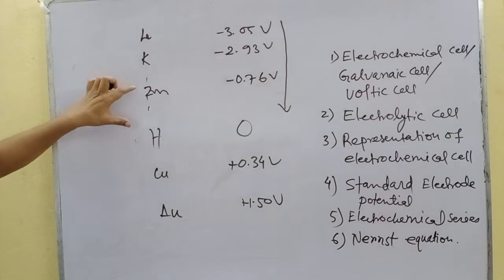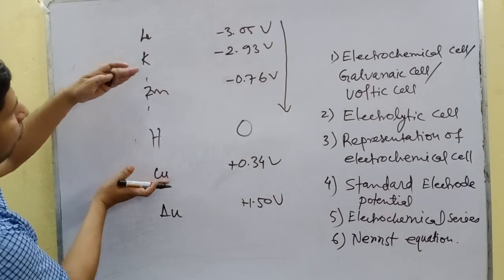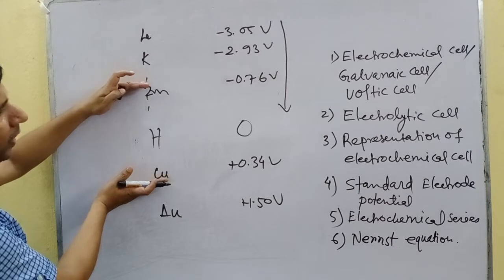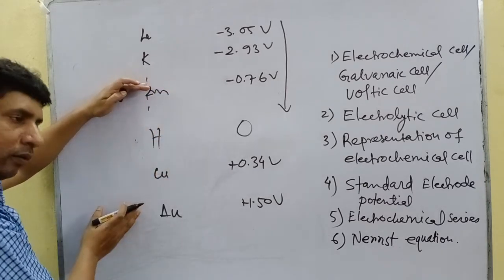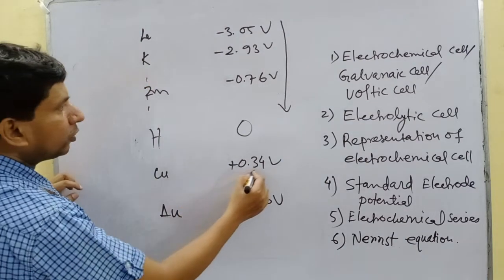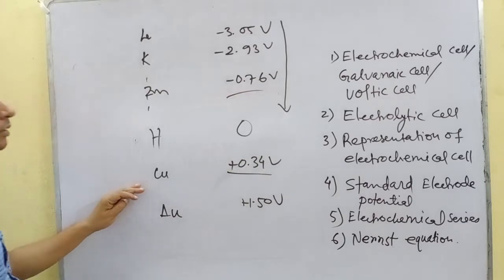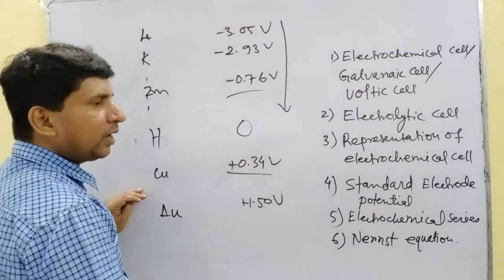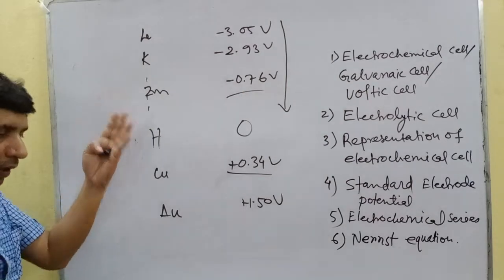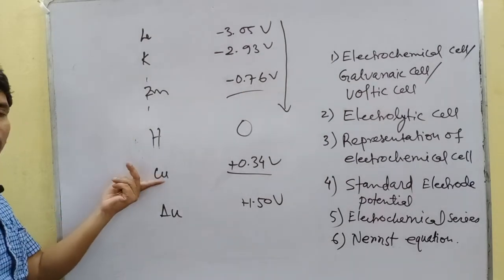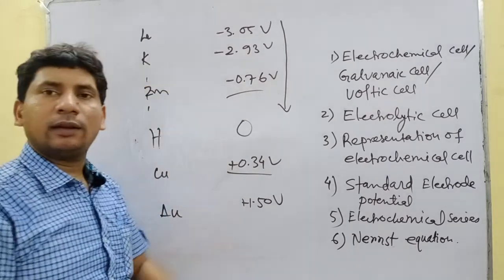Then we can see automatically, between copper and zinc, which will be reduced and which will be oxidized. This is plus, this is minus. Hence the reduction potential of copper is higher than zinc, so reduction will occur in copper and oxidation in zinc.